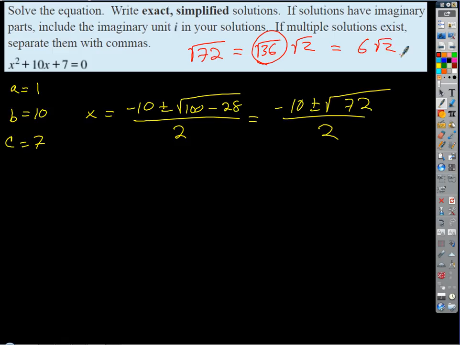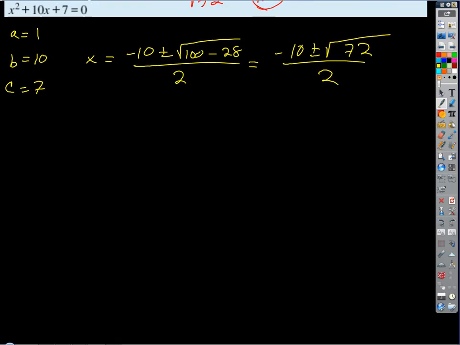Okay? Right, does that make sense? Okay. And then we end up with what? So that's going to give us 6 radical 2, we said, right? All over 2, but let's do that differently.